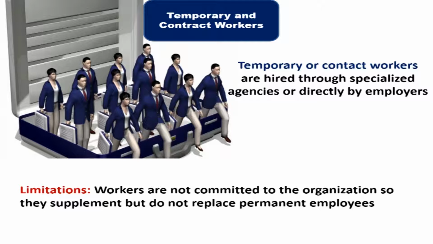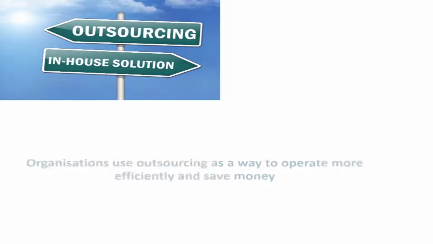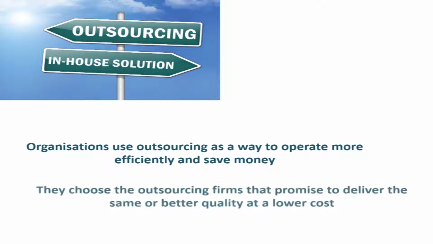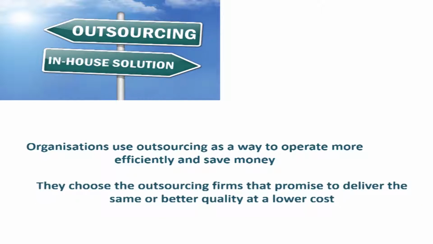Another way of dealing with labor shortage could be outsourcing. Organizations use outsourcing as a way to operate more efficiently and save money. They choose the outsourcing firms that promise to deliver the same or better quality at a lower cost.